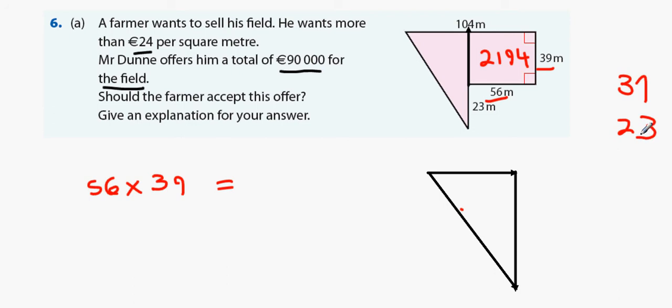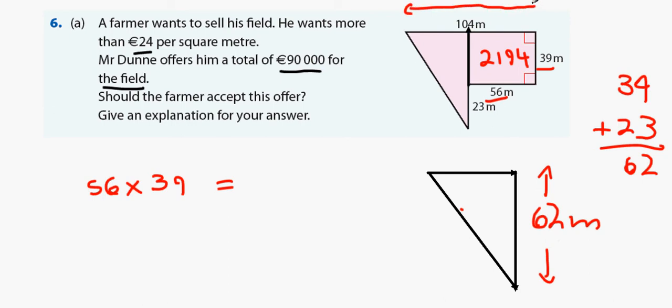So the triangle is 62 meters tall, and its width, the entire width is meant to be 104. Okay, so we take 56 from 104, because remember 56 of it is included already. So 104 minus 56 gives us 48. So the triangle has a base of 48 and a height of 62.